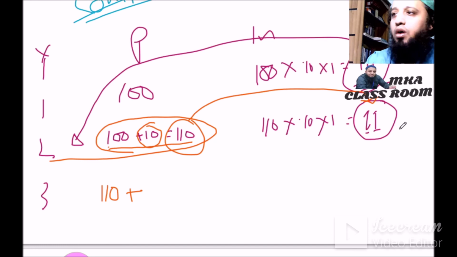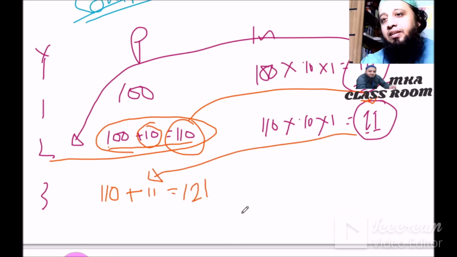Then our principal is 110 plus 11 equal to 121 taka, and interest should be earned on it.